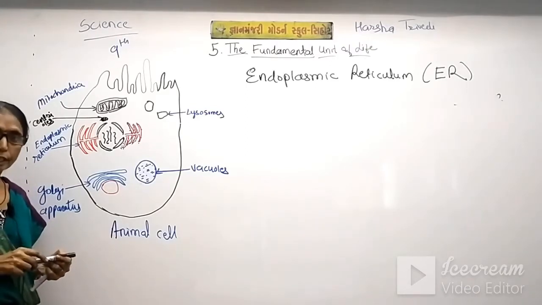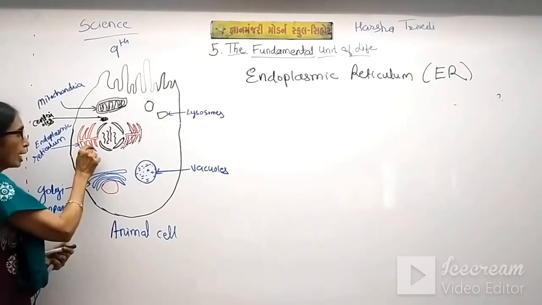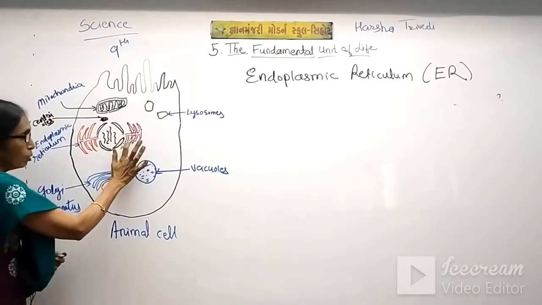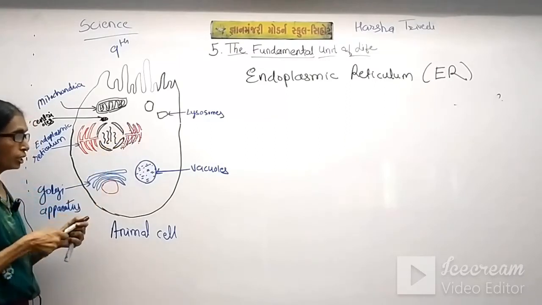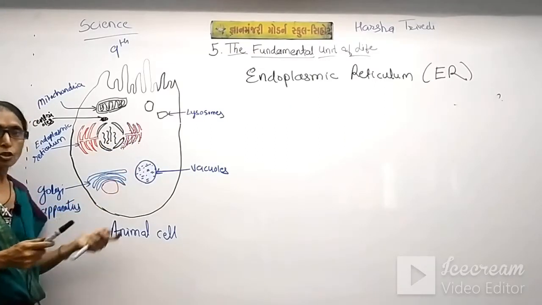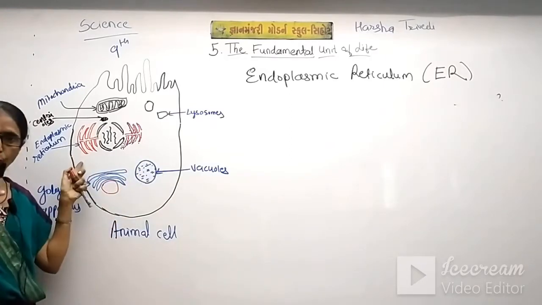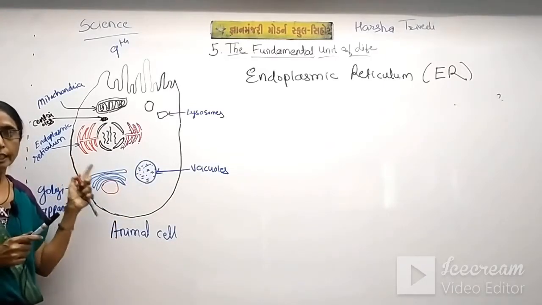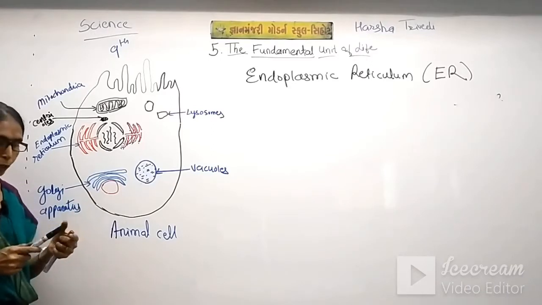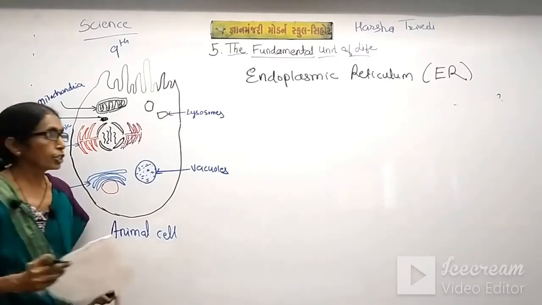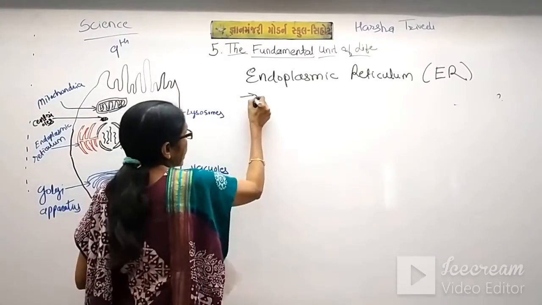If ribosomes are attached on it, it is called rough endoplasmic reticulum. And if ribosomes are not attached, it is called smooth endoplasmic reticulum.